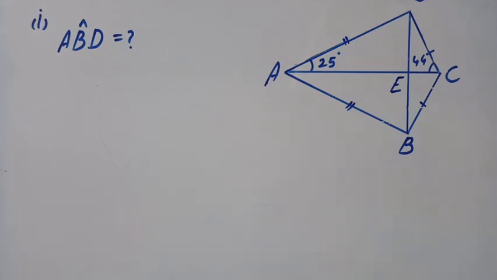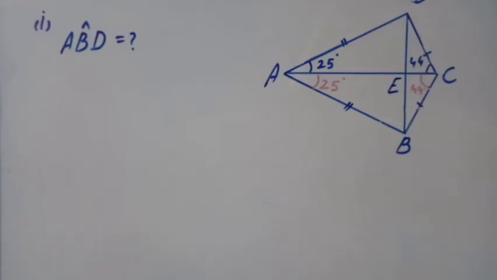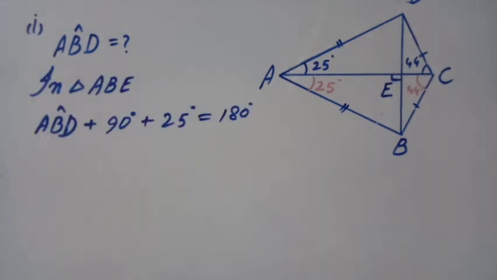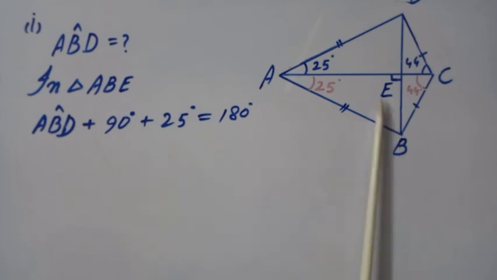Yes. So now we consider the triangle ABE. In this triangle ABE, at an angle E, this is an angle of 90 degree. So AEB would be of 90 degree. This way, the sum of all the internal angles of the triangle ABE equal to 180 degree.